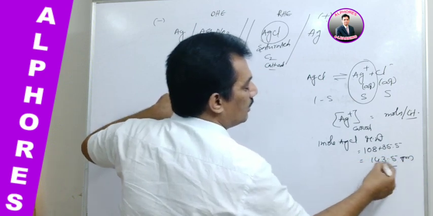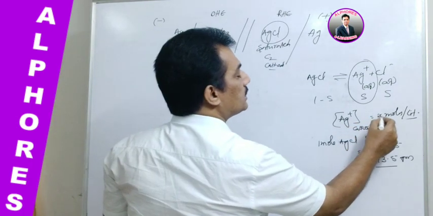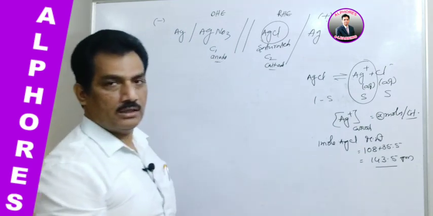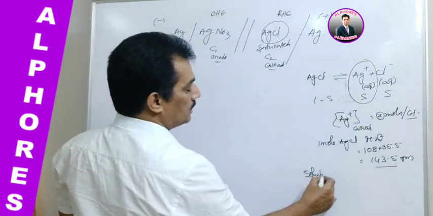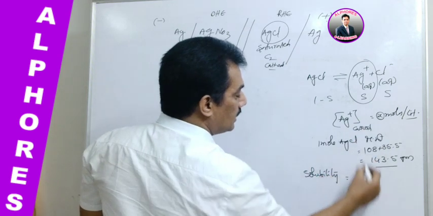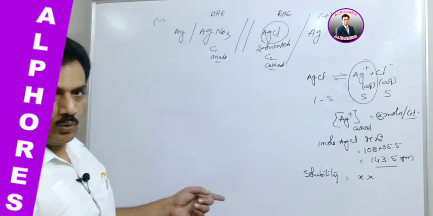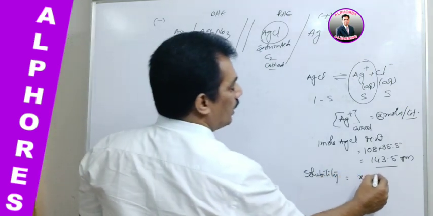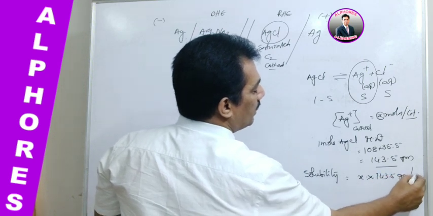This is the gram molecular weight. And once we get this concentration x moles per liter, the solubility is measured as the Ag plus concentration at cathode times 143.5 grams per liter.